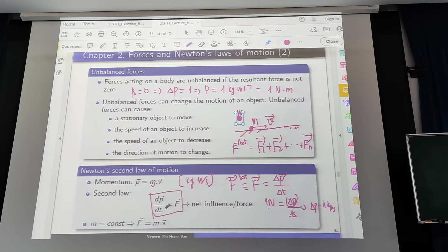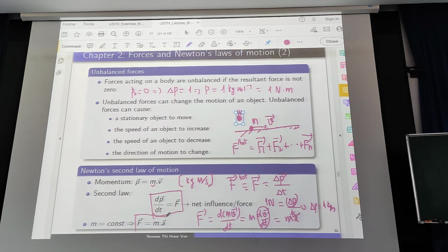From high school, you know this one. When the mass of the object is constant, you plug in P equals mv, so F equals d of mv by dt. Since m is constant with respect to time, you can take it out: m dv by dt. And dv by dt is acceleration, very good.